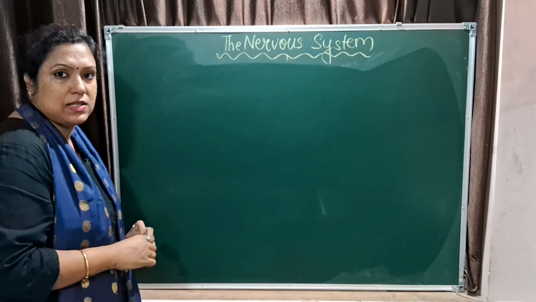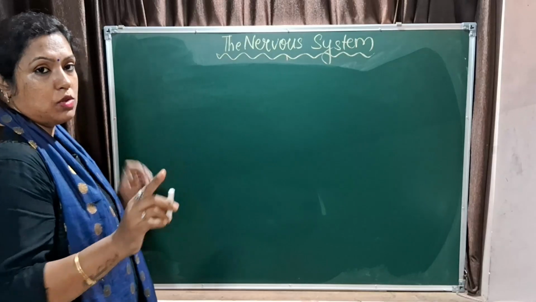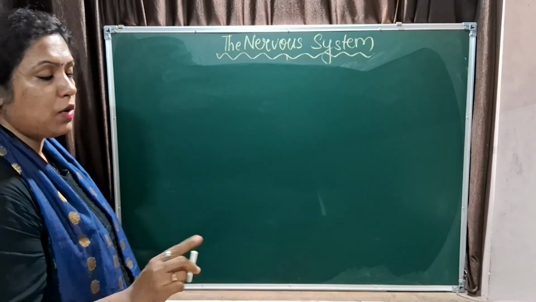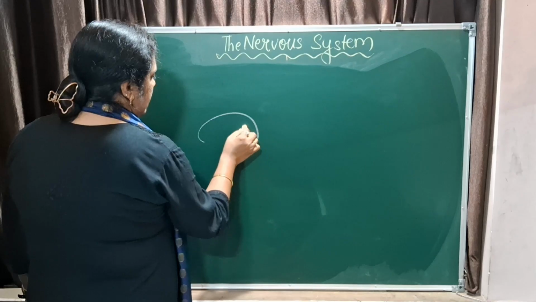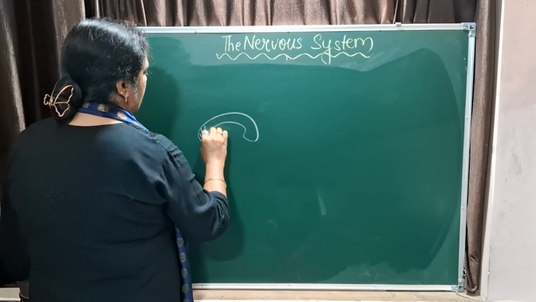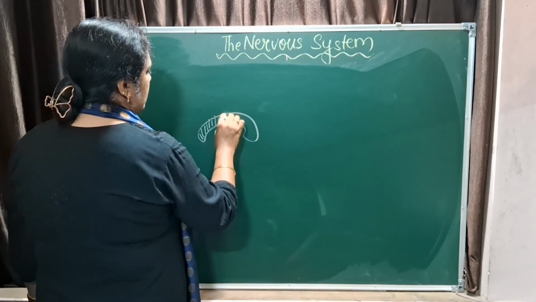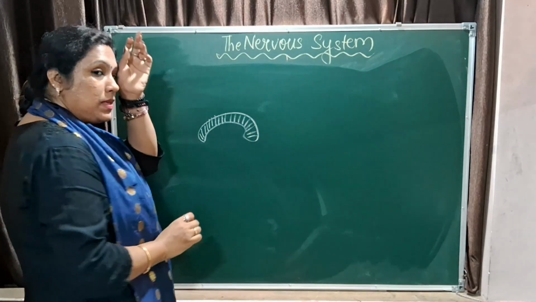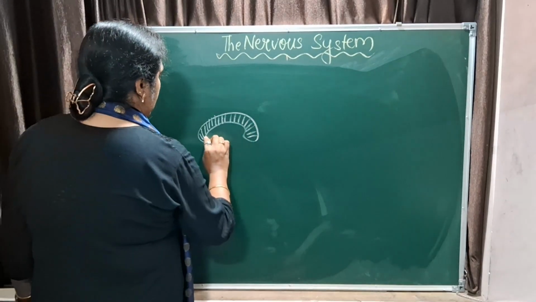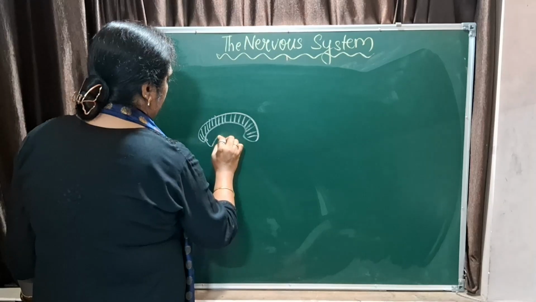So let us see what the brain contains. The diagram can be asked in the examination. Not to draw, it's not for drawing, it's for diagram based questions. There is a structure in your brain which connects the two hemispheres, okay, that is your corpus callosum.